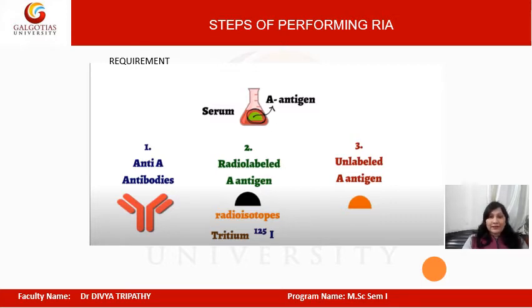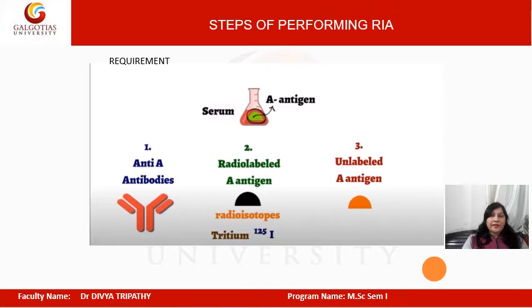The first one is radio labeled A antigen, and we know what is radio labeled antigen. The antigen that is labeled with an isotopic element, and for this purpose we generally use an isotope of hydrogen, that is tritium, or iodine 125.